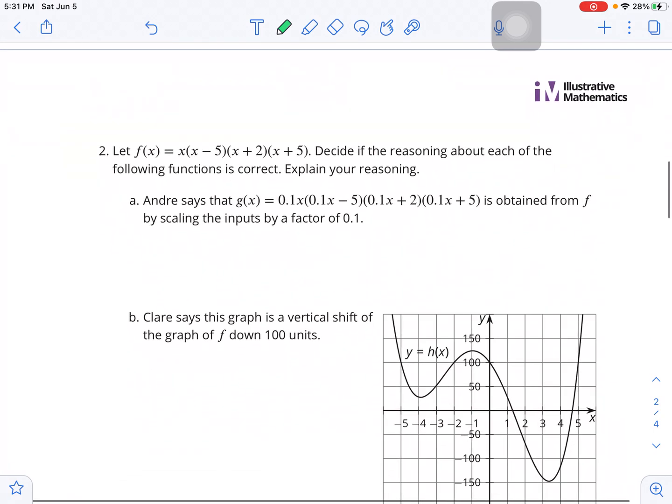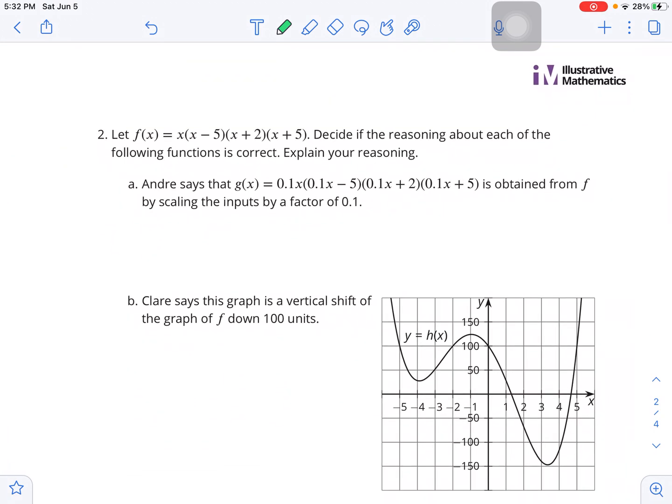Hopefully that helps. Number 2 says f of x is equal to x times the quantity x minus 5 times the quantity x plus 2 times the quantity x plus 5.